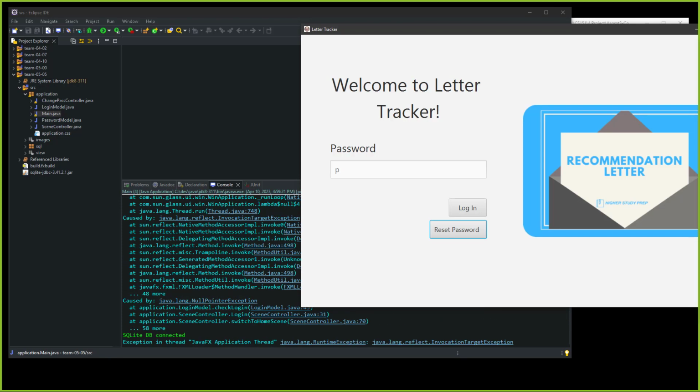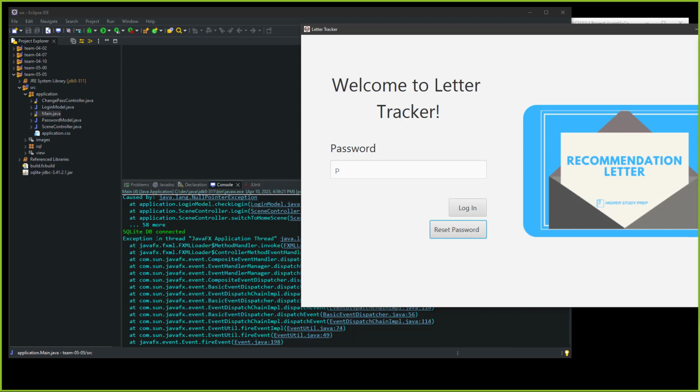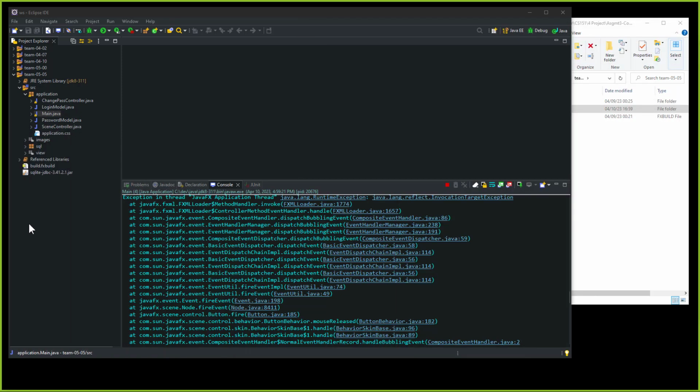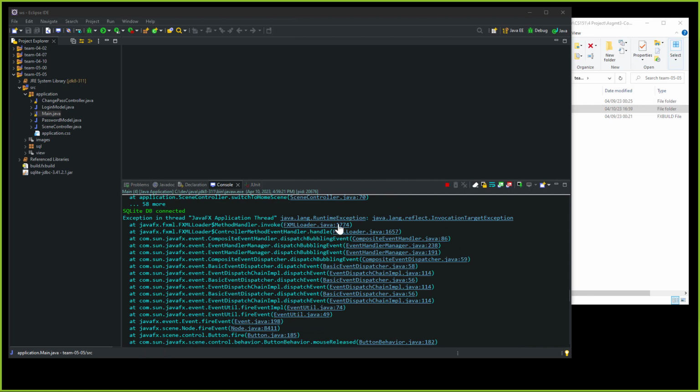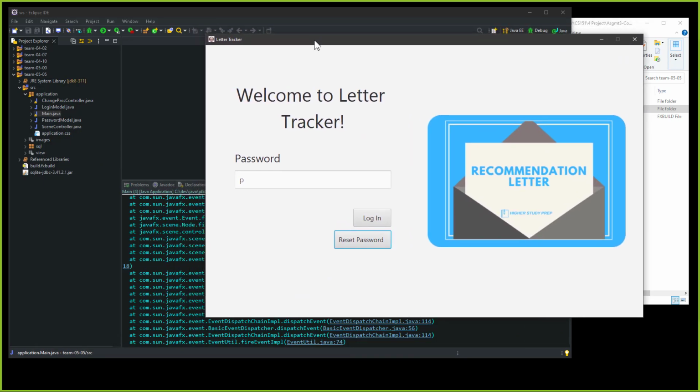You see, it is saying that SQLite DB connected, but it is complaining about the FXML loader or whatever. You guys need to debug that and see what the problem is.